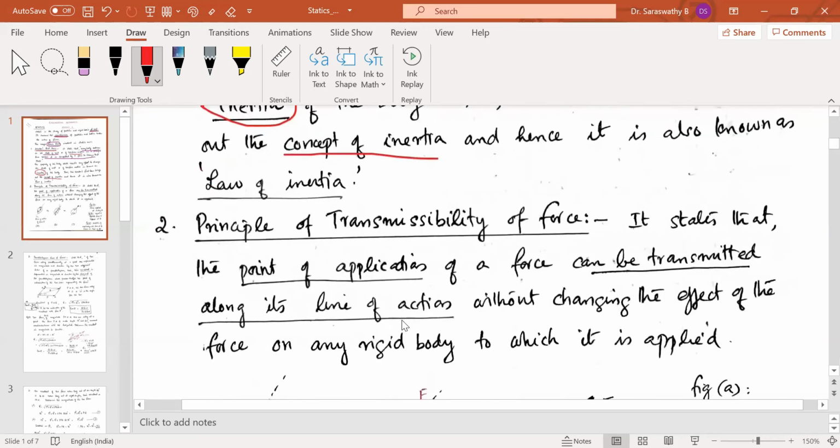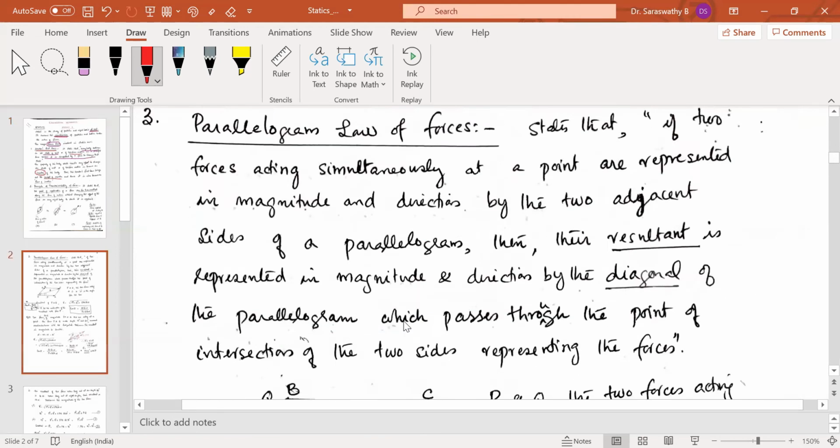Then, the second most important law in statics that we have to make use of is the parallelogram law of forces. You are familiar with the parallelogram law of forces. What is it?